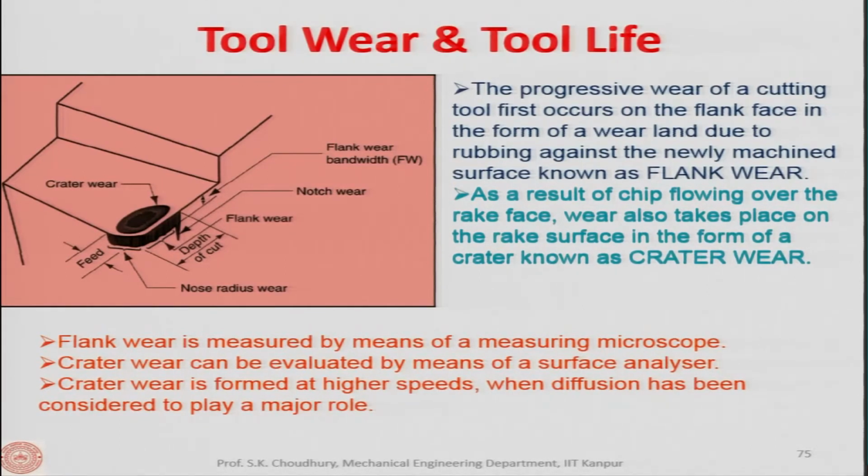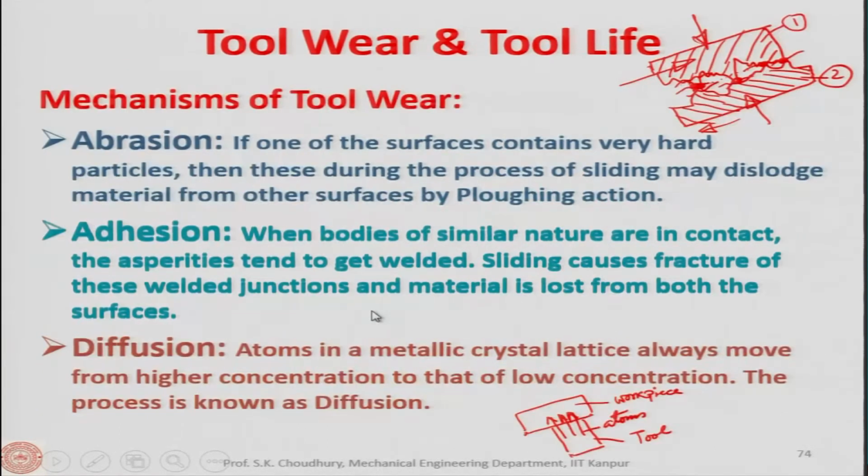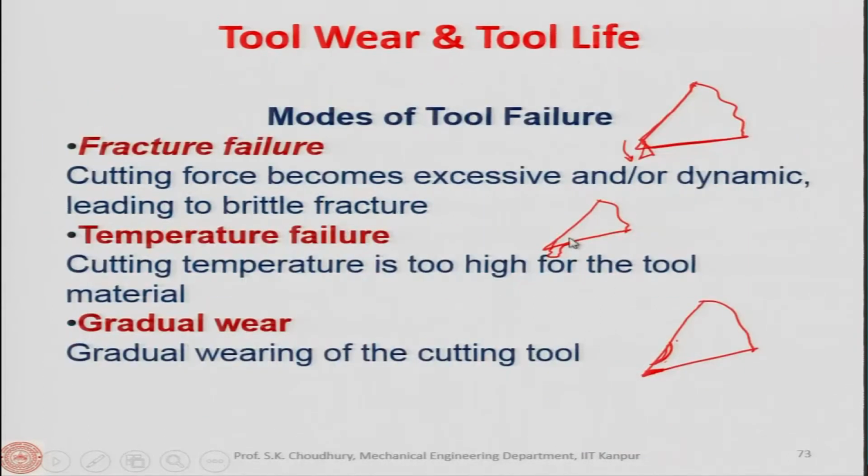As a result of chip flowing over the rake face, which is the gradual wear I just told you about, this is the rake face, because this is the rake angle and this is the flank angle.